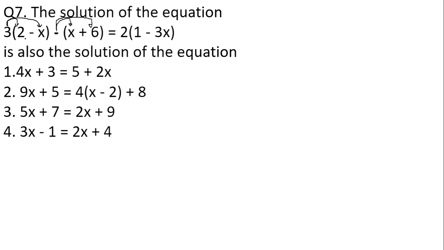First I will multiply this 3 with the bracket. So this will give me 3 into 2, 6, minus 3 into x, this will give me 3x, bracket as it is, minus (x plus 6), and I will write the remaining terms as it is over here, 2 into (1 minus 3x).